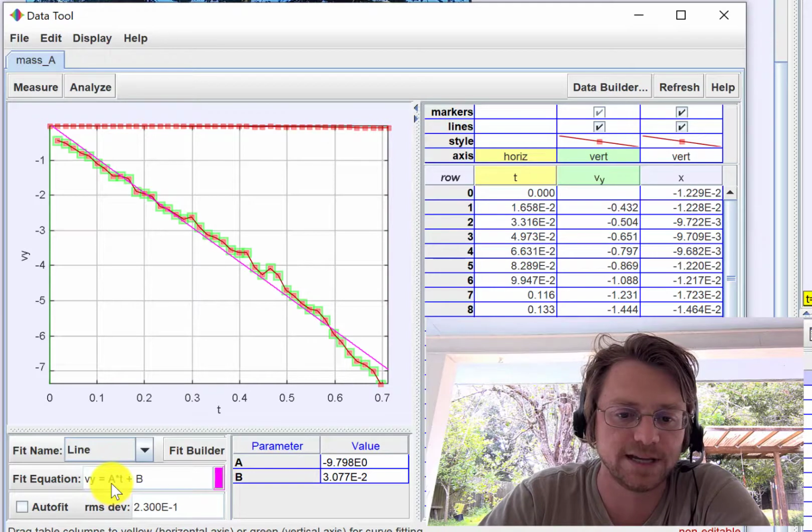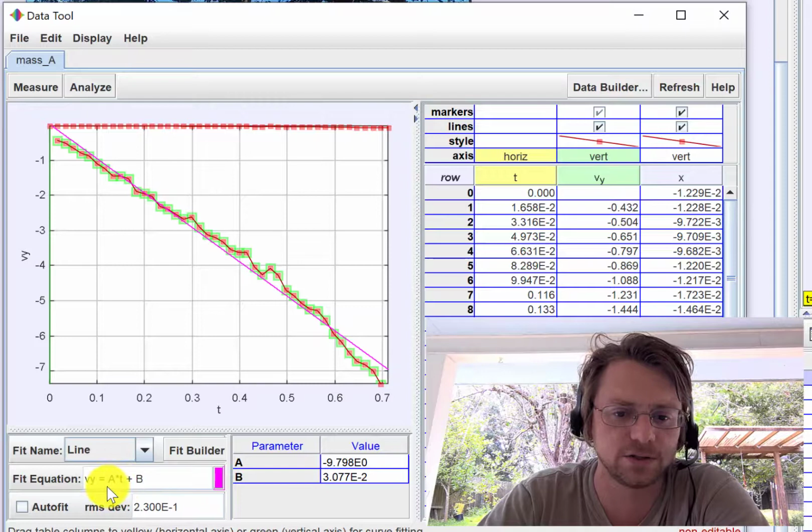This would normally be m. T is what's on the x-axis. So the a parameter is our slope, and the b parameter is our y-intercept.